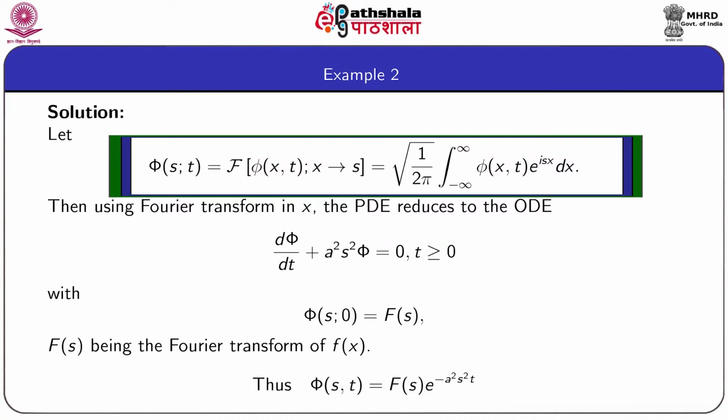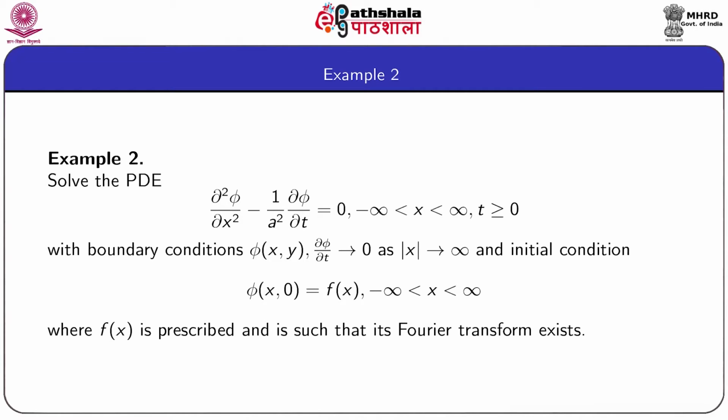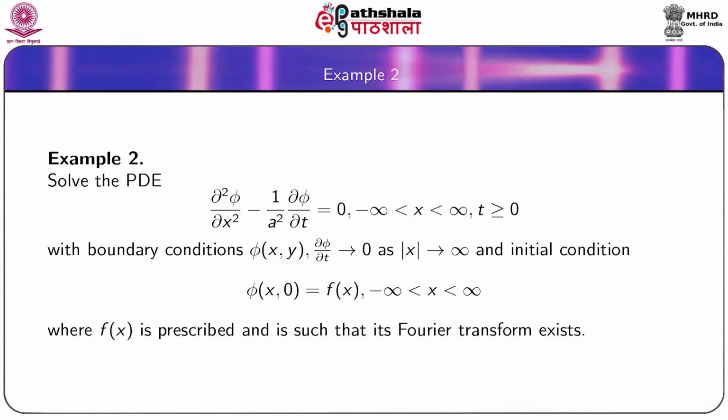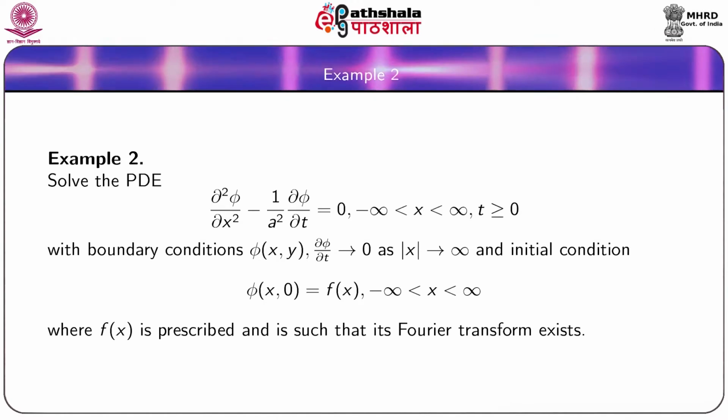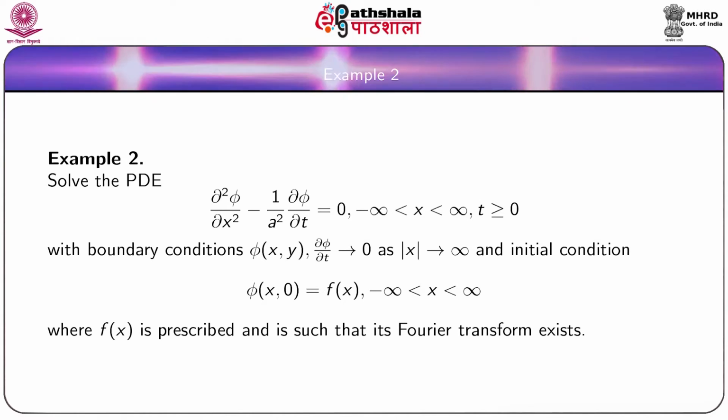So, if we define capital Φ(s,t) as the Fourier transform of small φ(x,t) as 1 by root over 2π integral from minus infinity to plus infinity φ(x,t) e^(isx) dx, then as in example 1 we will multiply this partial differential equation on both sides by 1 by root over 2π e^(isx) and integrate with respect to x from minus infinity to plus infinity.